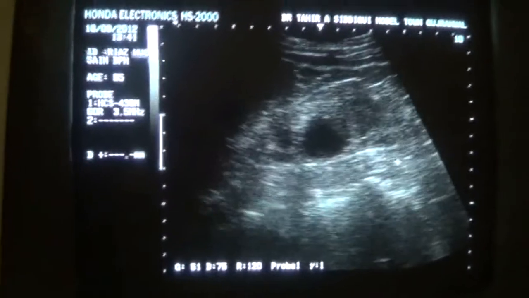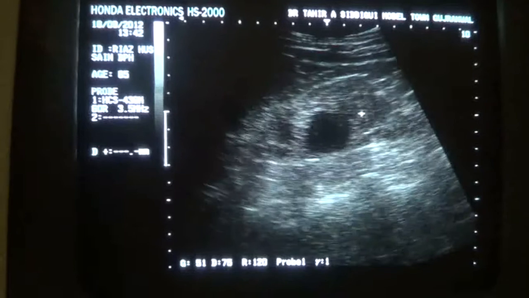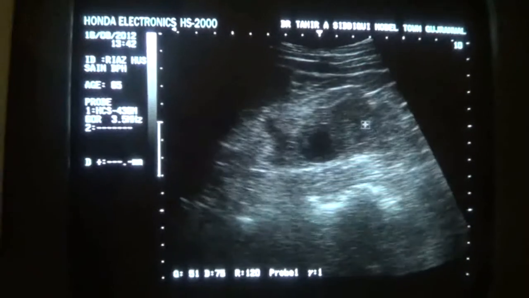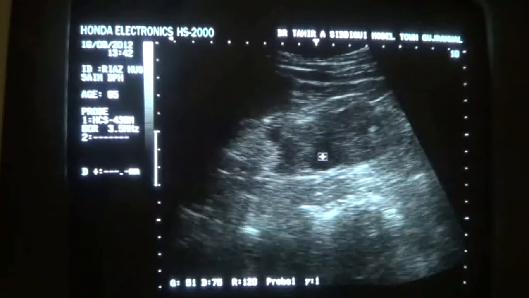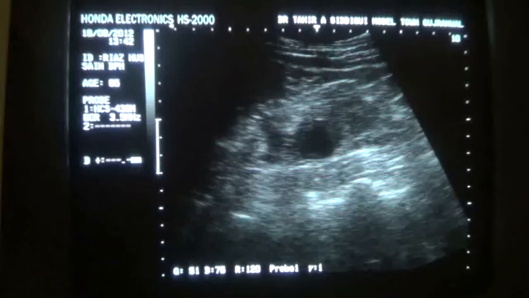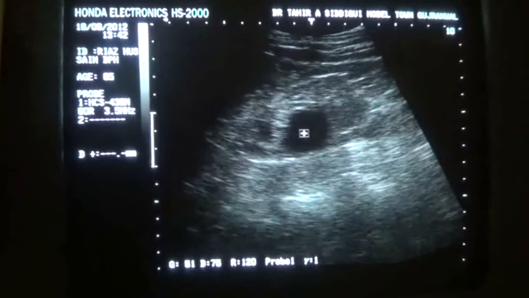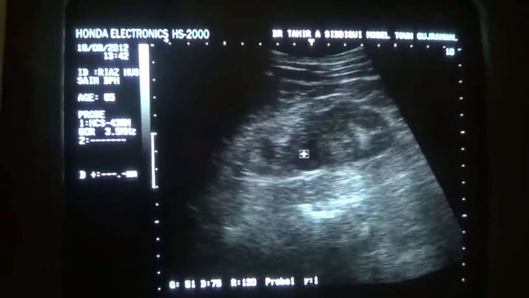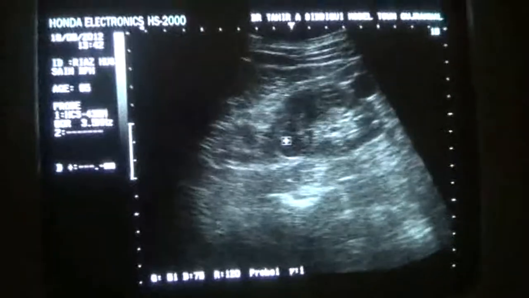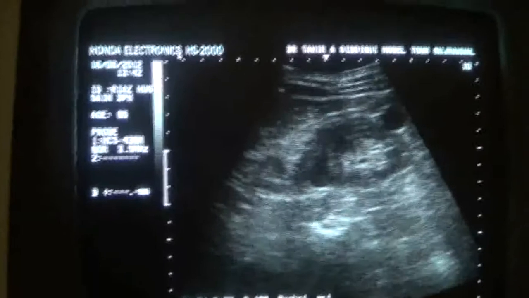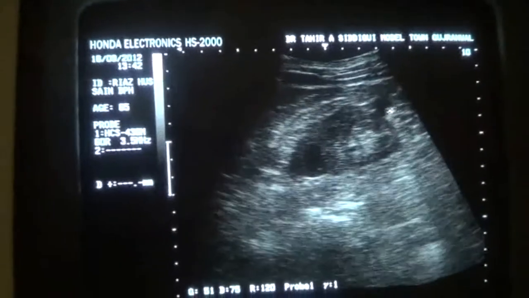This is the psoas muscle. This is the part of the kidney with the cyst. This is the cyst, and you can see it moves with the kidney over the psoas muscle.